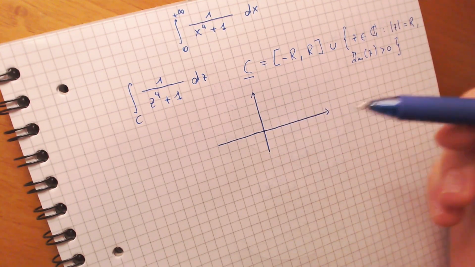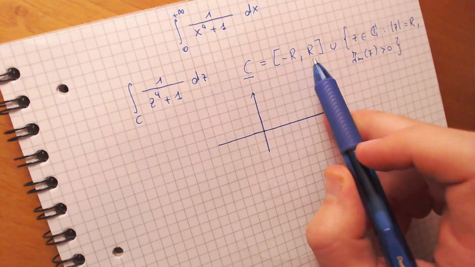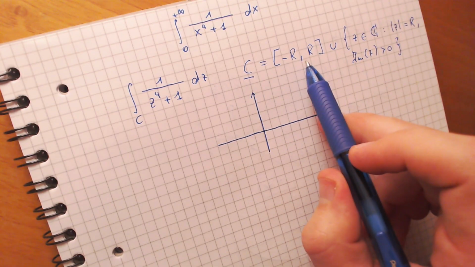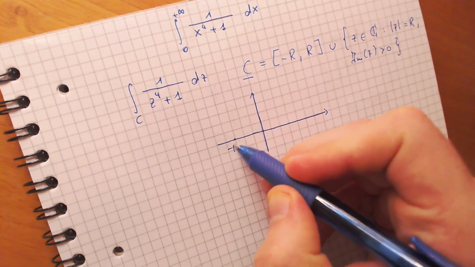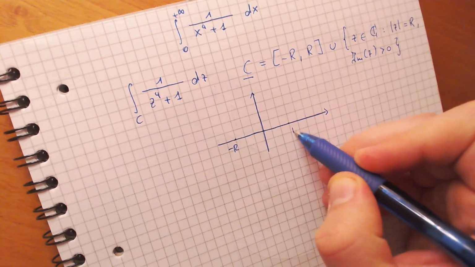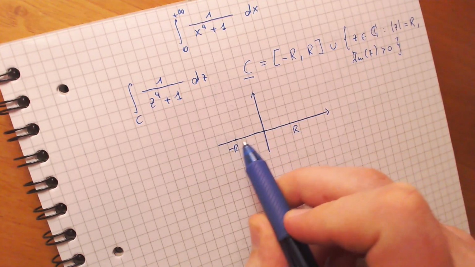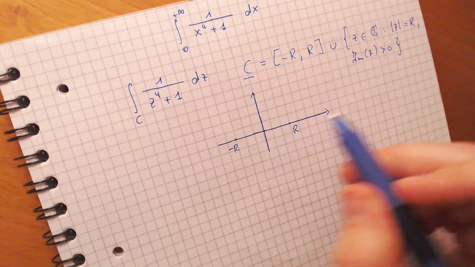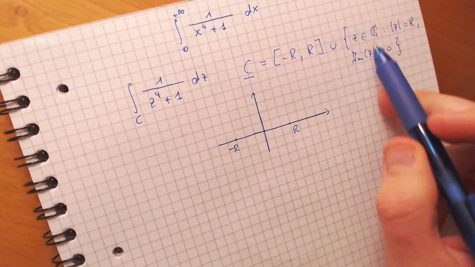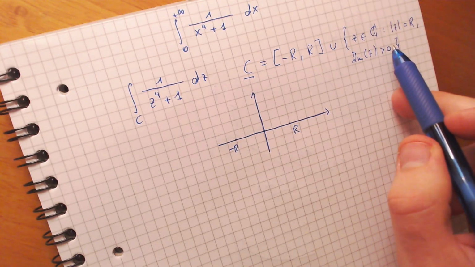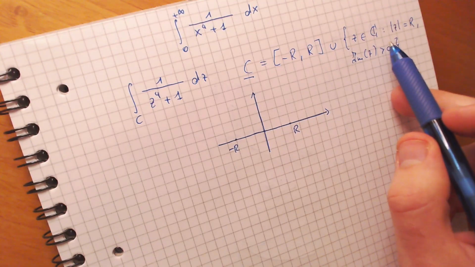C is given by this path on the real axis, so we consider minus R and R here, this straight line from minus R to R, and this set of numbers constitutes a semicircumference.